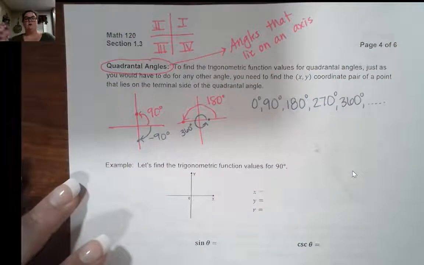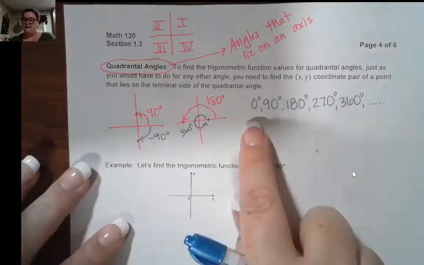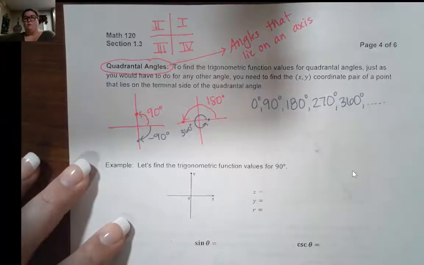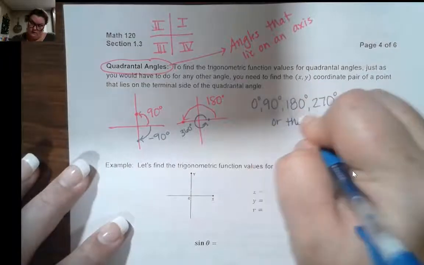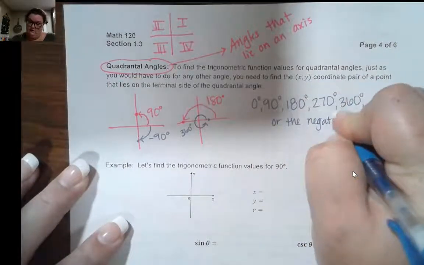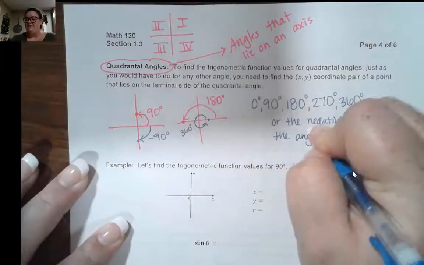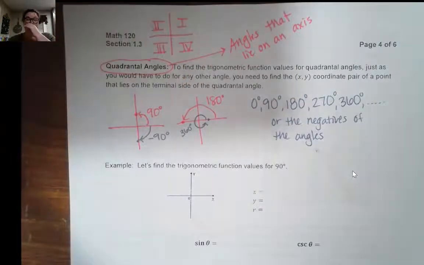But I could go 360 in the positive, I could go 360 in the negative, I could go 720, right? I could start making more revolutions. So really it's any of these angles or more copies of those, or the negatives of these angles, meaning the same angles but just going in the negative direction when we go clockwise rather.